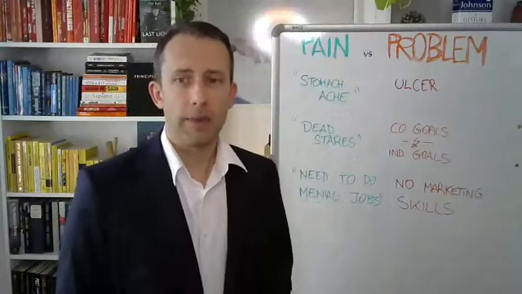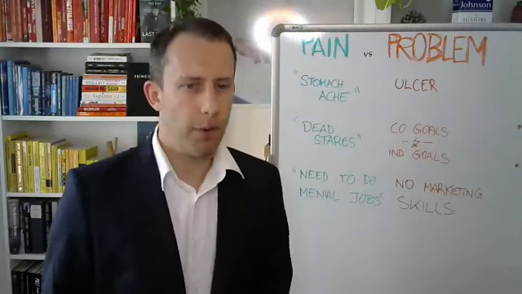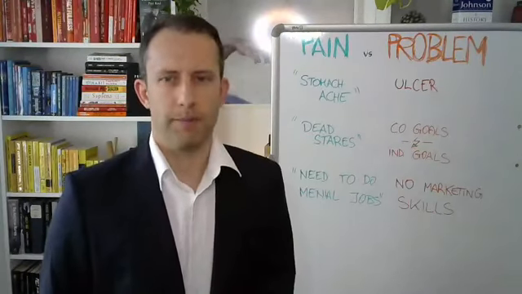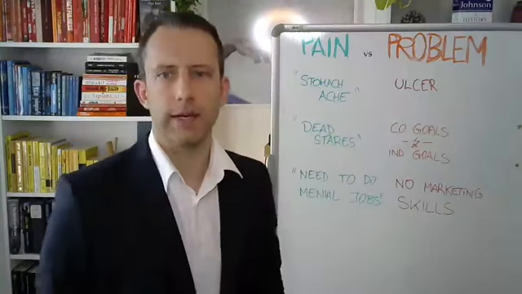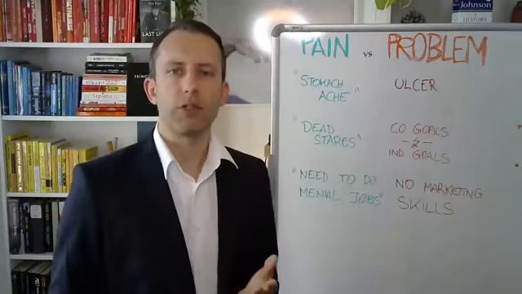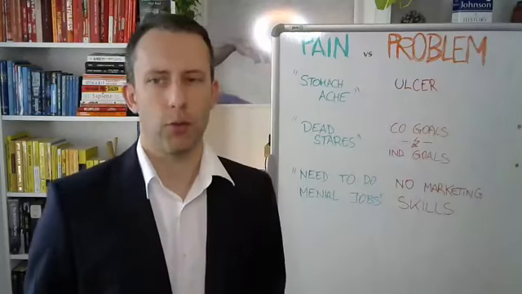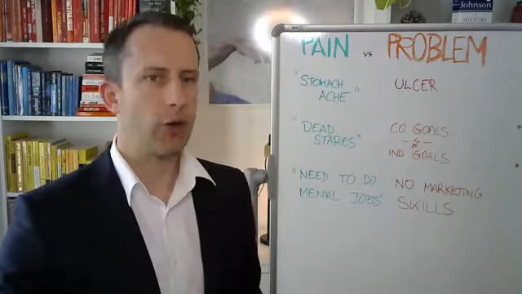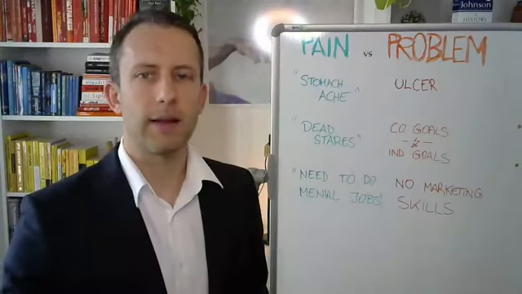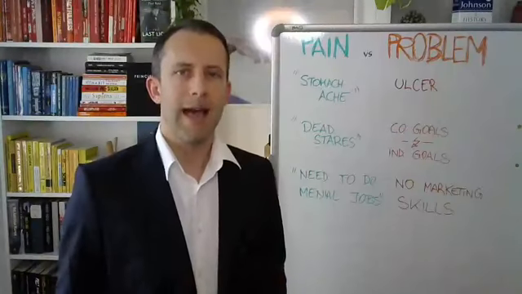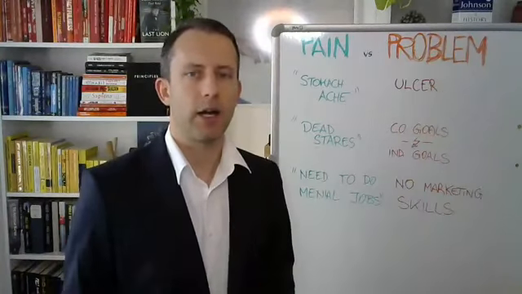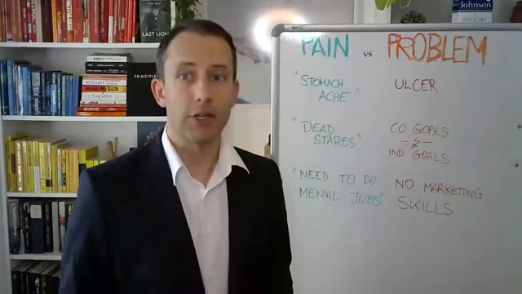Why does that matter? I mean, we help our clients to solve both, right? Pain and problem. So why should we fuss with semantics here? The reason is that we want to build an emotional connection with our prospect first. It's quite a famous saying that people buy on emotion and then justify their decision with logic.